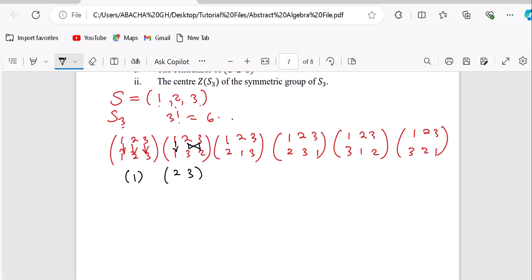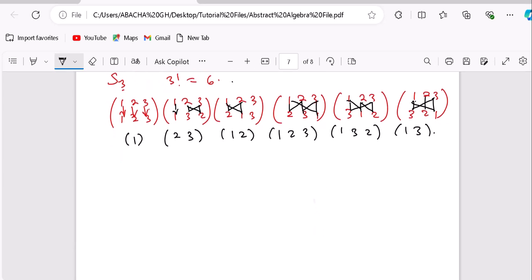Here 1 goes to 2, goes back to 1, so I have (1 2), but 3 is fixed. Here 1 goes to 2, 2 goes to 3, and goes back to 1, so we have (1 2 3). Here 1 goes to 3, 3 goes to 2, 2 goes to 1, so (1 3 2). And here 1 goes to 3, 3 goes to 1, 2 is fixed, so (1 3). So these are our cycles.